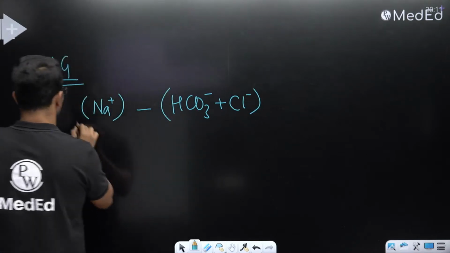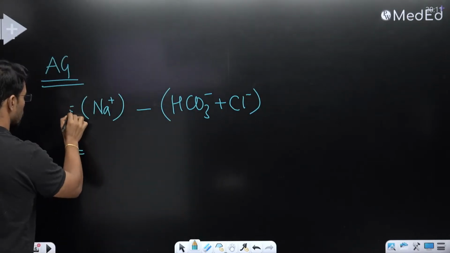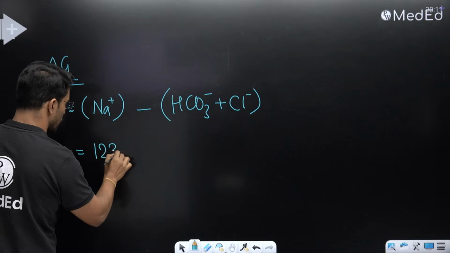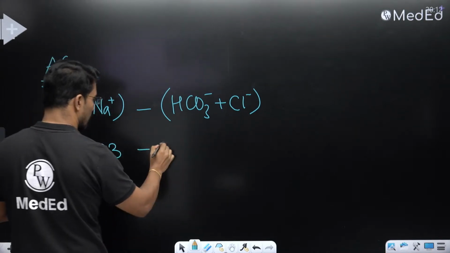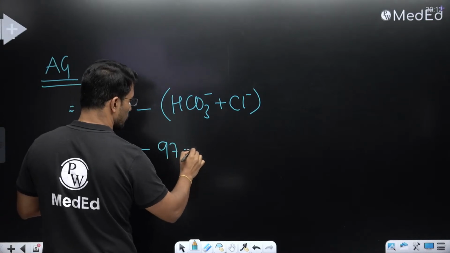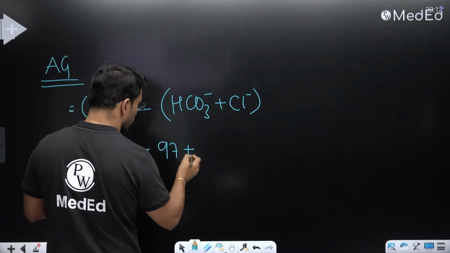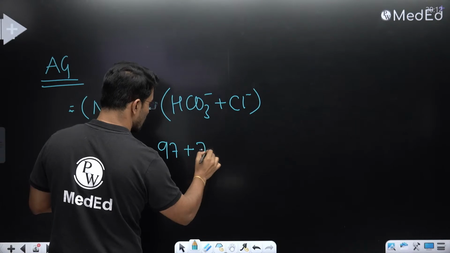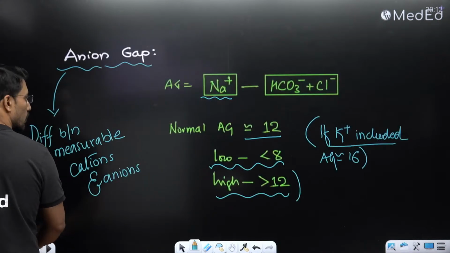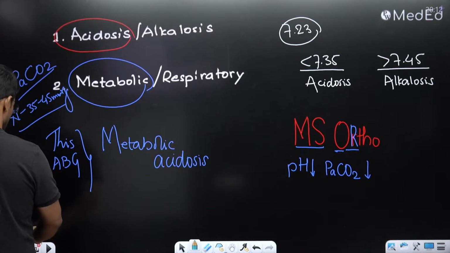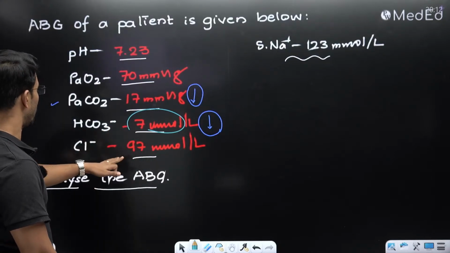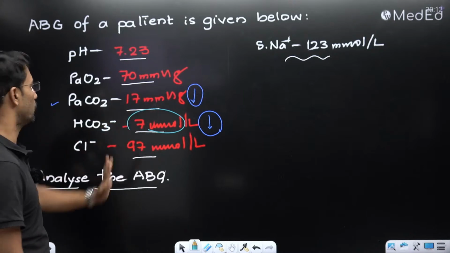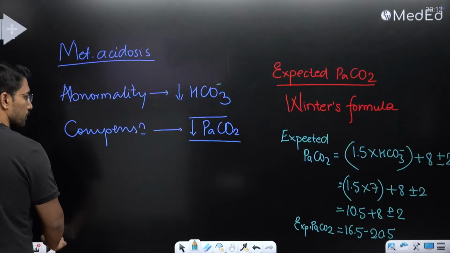So let us calculate. Sodium, if I remember correctly, was 123 millimoles per liter, chloride was 97 and bicarb was 7. Let me recheck one more time before I put it into calculation. Yes, bicarb was 7 and chloride was 97, sodium 123.